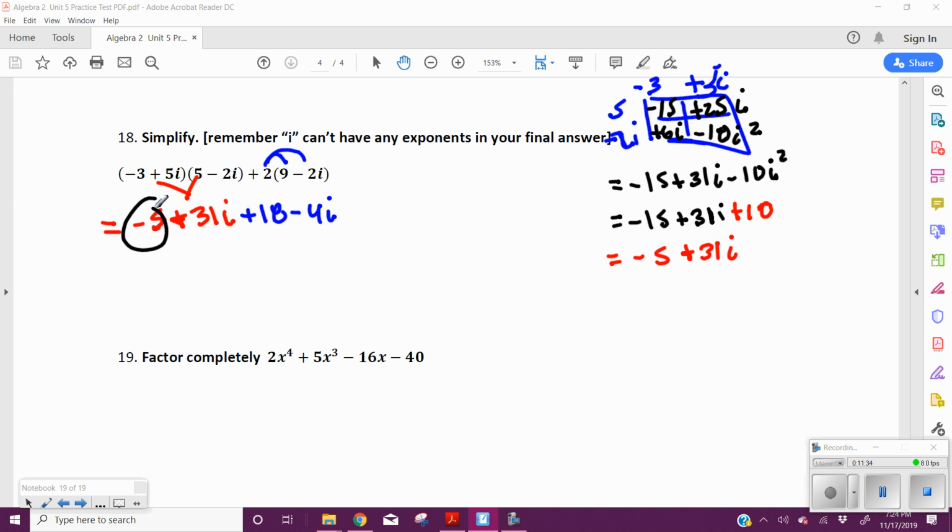I have negative 5 and a positive 18, which would give me a positive 13. Then I have a positive 31i and a negative 4i, which would give me a positive 27i. And this would be my final answer.